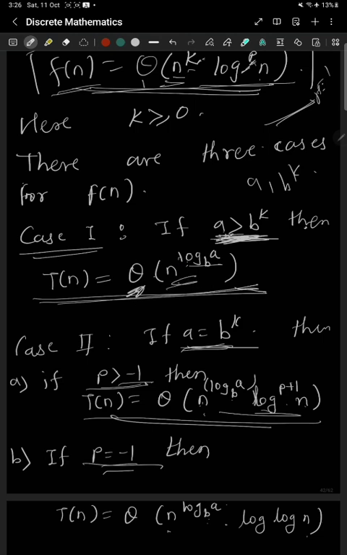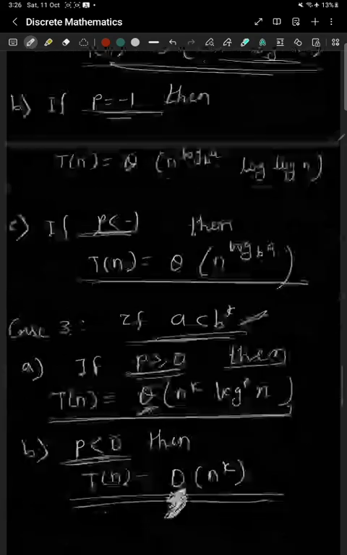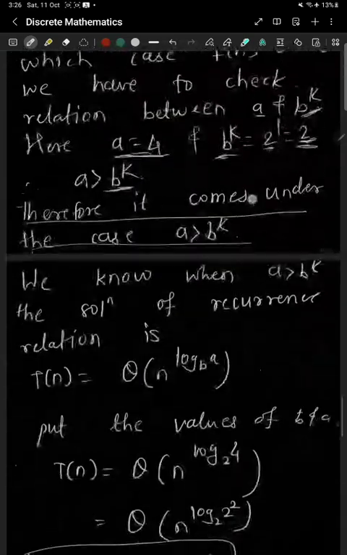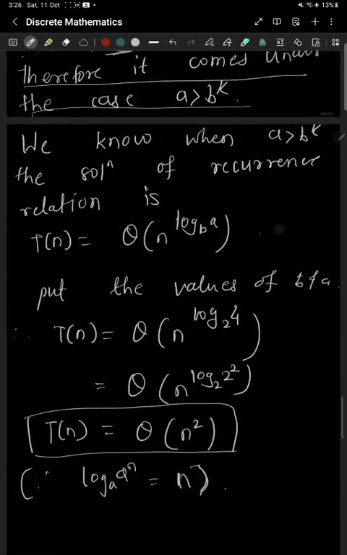Here the log is in the power, not in the multiplication. We know a, we know b, so we are just going to put the values. The solution is n raised to log of a at base b. We know the value of a is 4 and the base is 2.